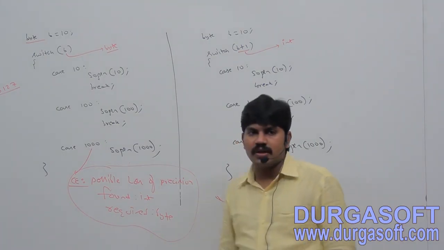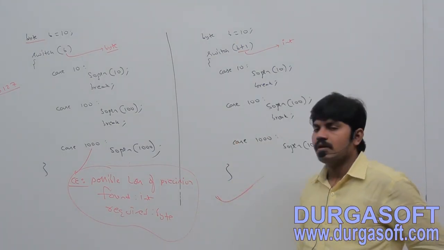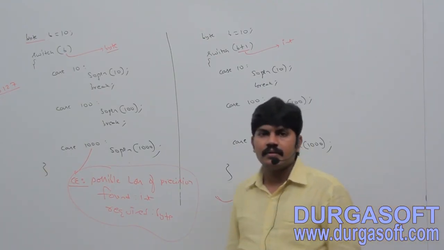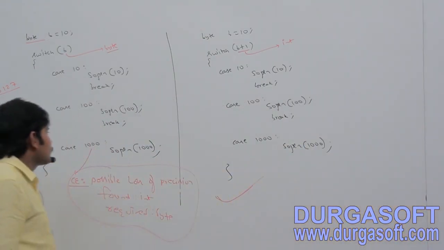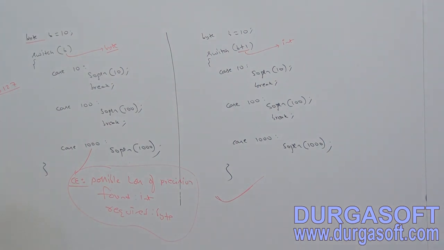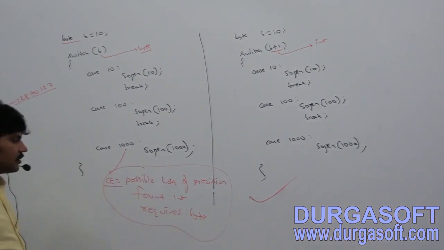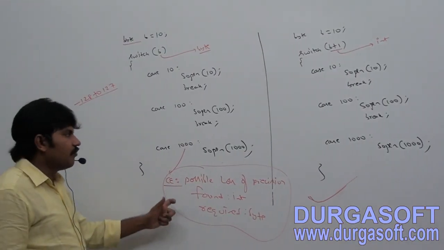Possible loss of precision. Found int, required byte.